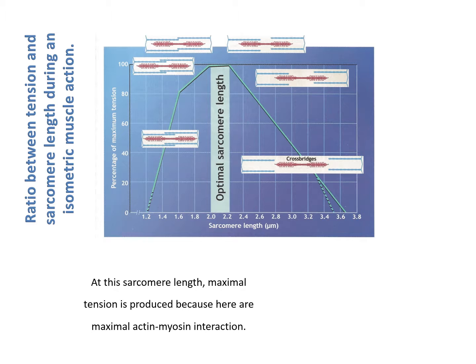Do you remember this from Exercise Physiology 1, the tension-length relationship of the sarcomere? There is a specific sarcomere length where maximal tension is developed, as there is maximal actin-myosin interaction.